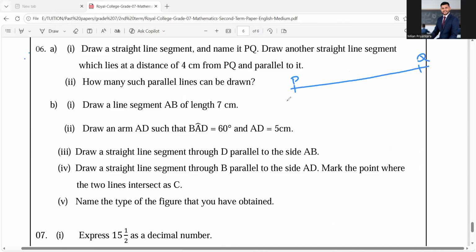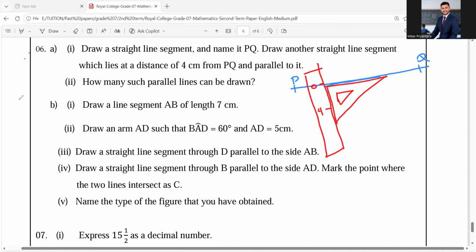Then draw another straight line segment which lies at a distance of 4 centimeters from PQ, parallel to it. For that, you place your set square like this, along this line. Then you can place your ruler so that you have 0 here and 4 here.